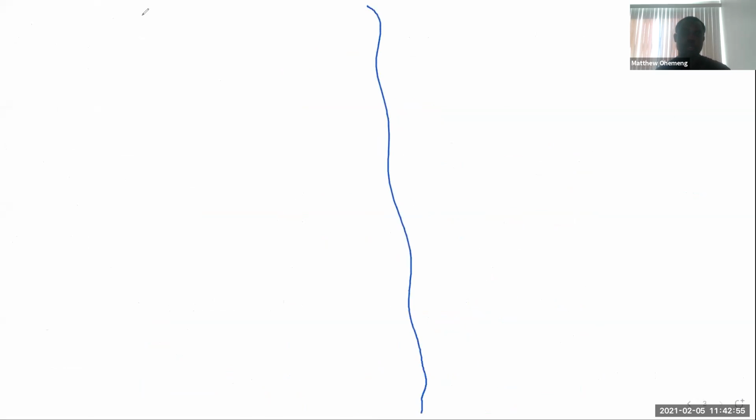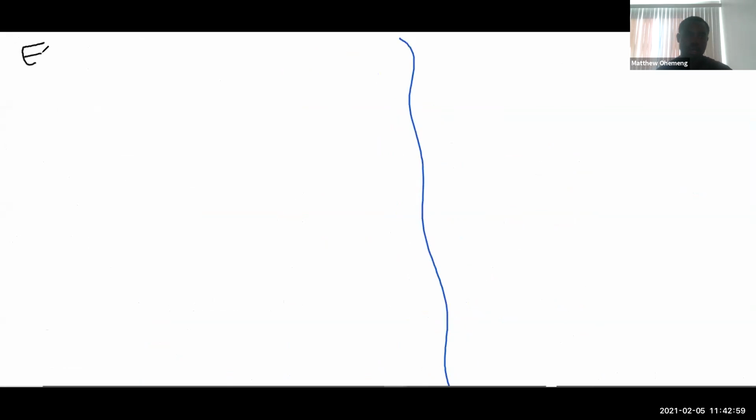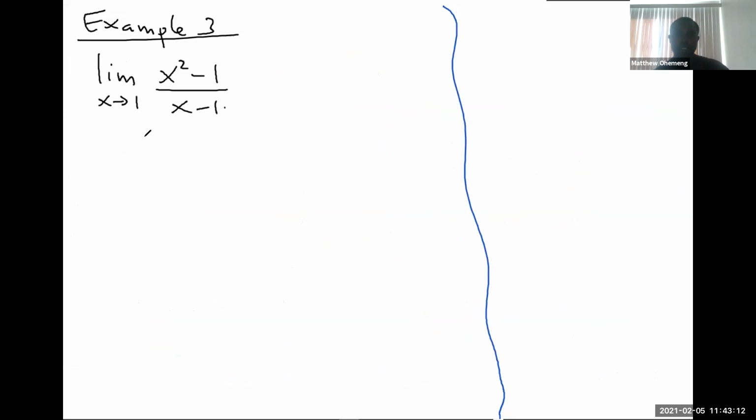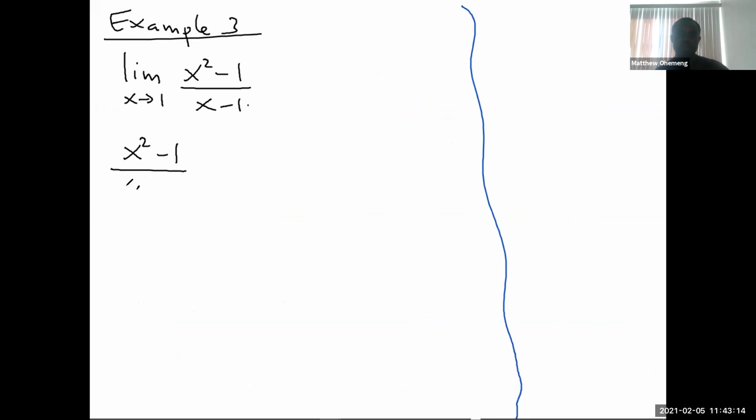So this is example 3. So we are talking about this one. Okay, so now I just talked about the fact that (s squared minus 1) over (s plus 1)(s minus 1) is not equal to s plus 1, right?